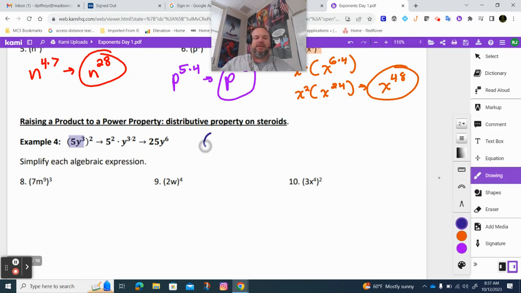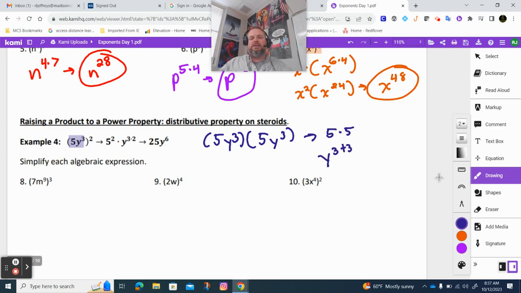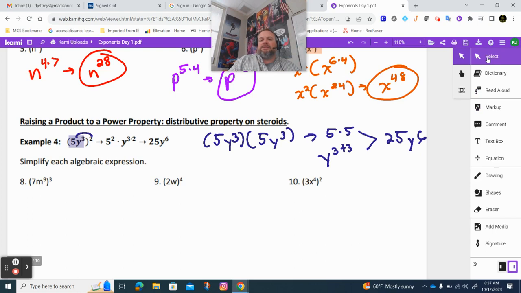Some people will have to say this is 5y to the third times 5y to the third. 5 times 5, 3 plus 3. You're going to get the same answer. But if you think about it like this, we're actually going to use the distributive property with the exponents this time. You could do either or. Now, some of y'all are like, that doesn't make a whole lot of sense. Well, I've done one.